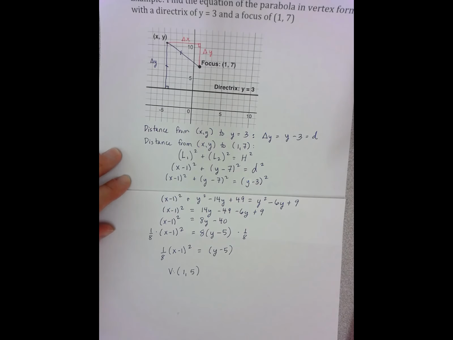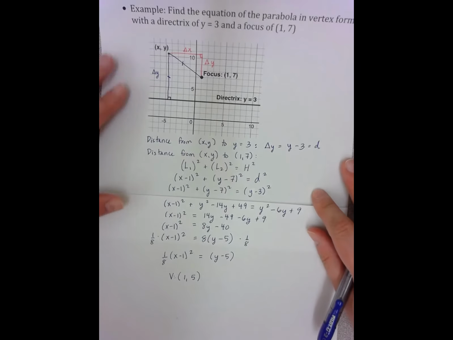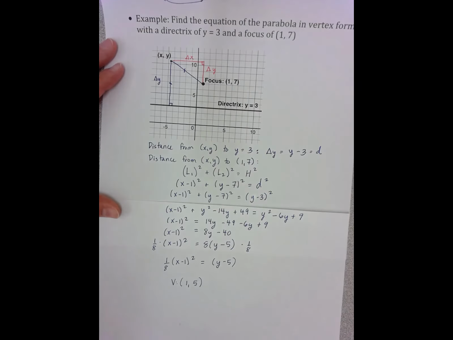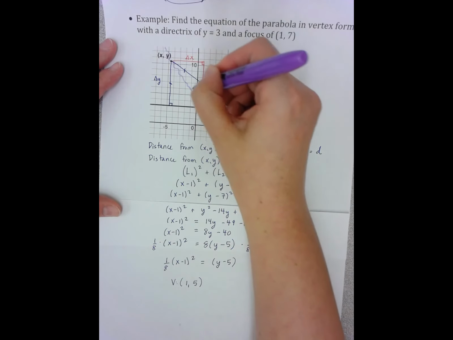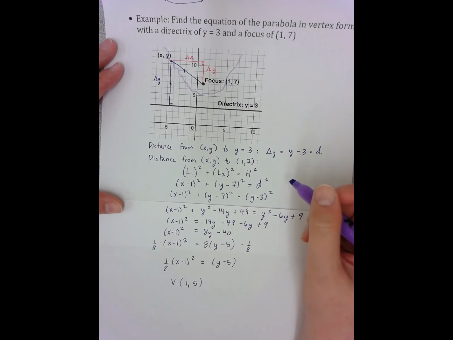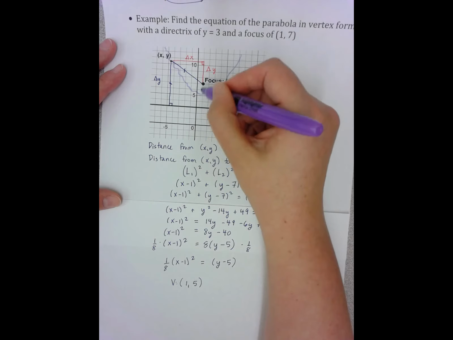Now let's go back and look at my graph with this information a little bit more. My vertex is somewhere on that parabola. And because the vertex is going to be between the focus and the directrix, it actually turns out that the vertex falls on the same x value as the focus and literally right in the middle of the directrix and the focus.